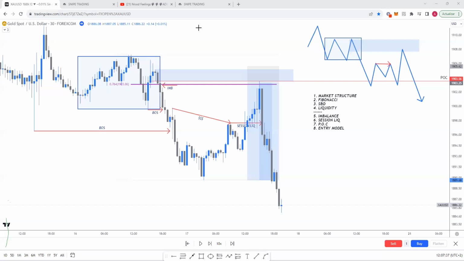Why is it important to know about pips? It's basic knowledge. If you know about pips, you don't need a risk management calculator because it's easy for you. If you know that every one lot is $10 per pip, then you know how much you're risking automatically. You don't have to think about it. It's a way to measure price movements.